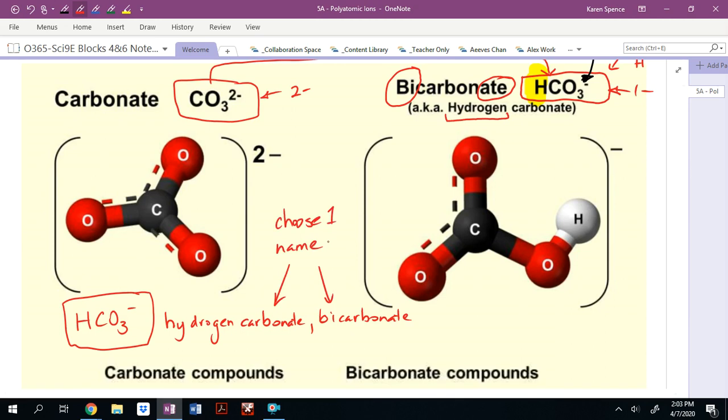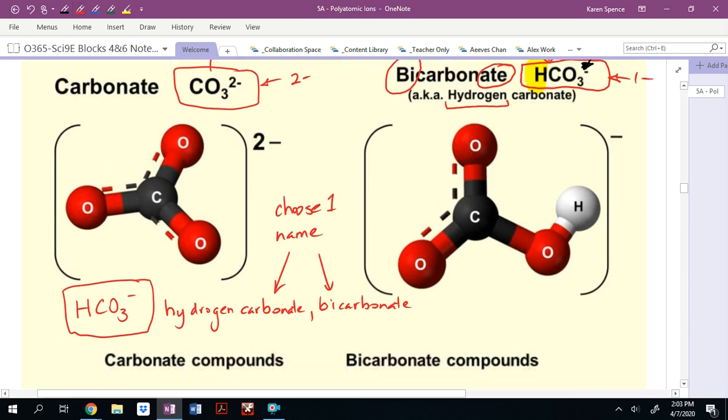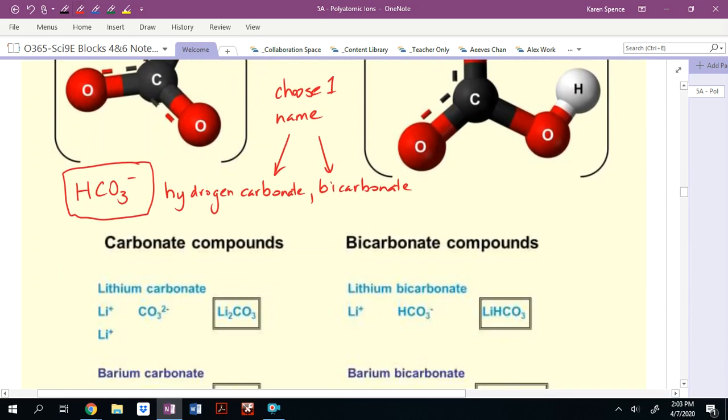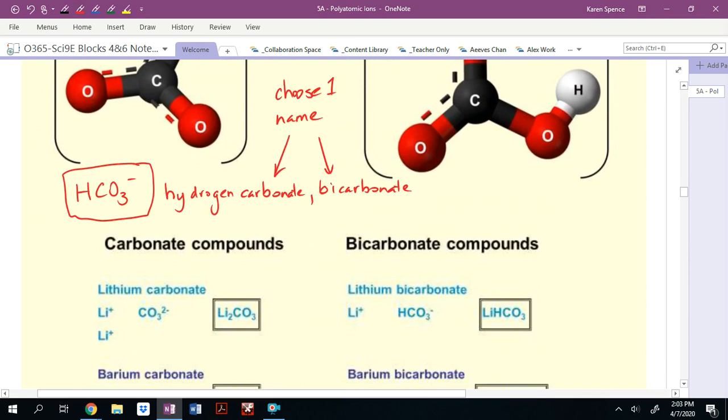Hydrogen carbonate is the more official name, bicarbonate's the more common name. So if I gave you a compound like lithium bicarbonate, you could also name it lithium hydrogen carbonate.